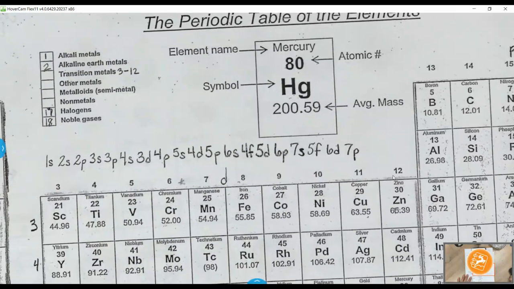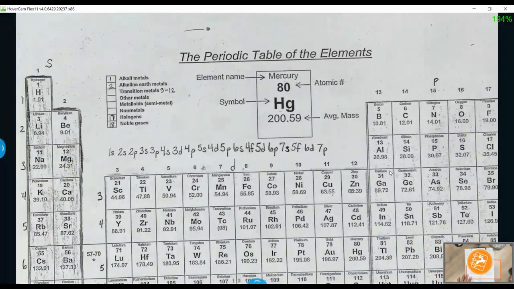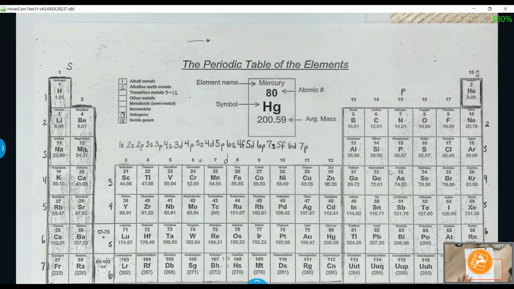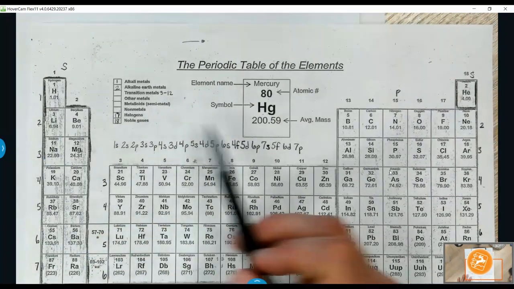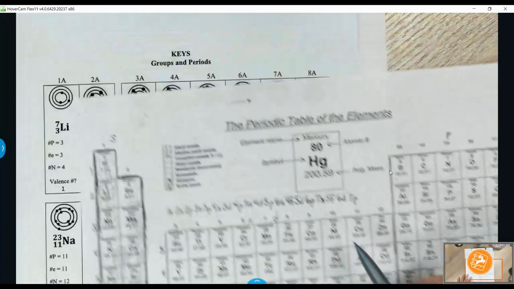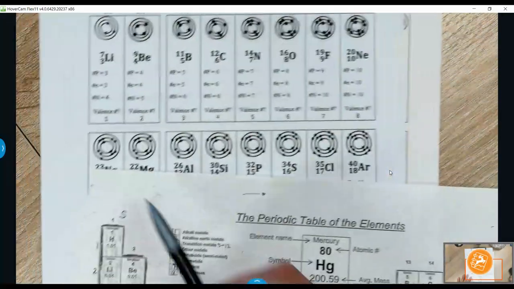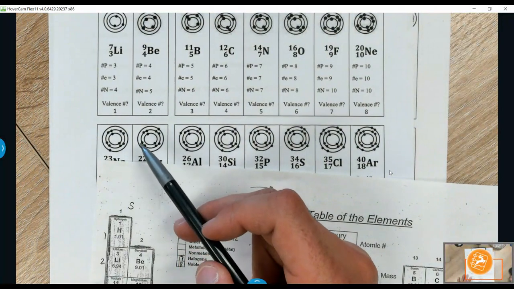So these elements were in which period again? Period, guys. How do we write a sentence? Vertically or horizontally? And what does it end with? A period. So what period? They're in period 3. All of these guys are in period 3, which is why their outermost electrons are on the 3rd energy level.